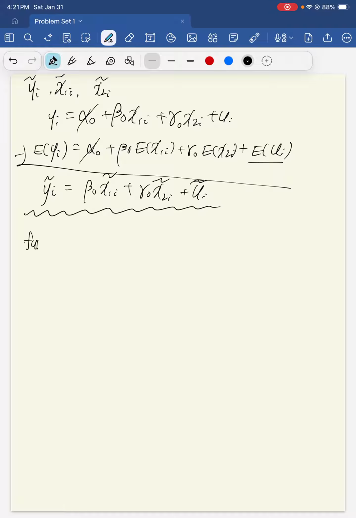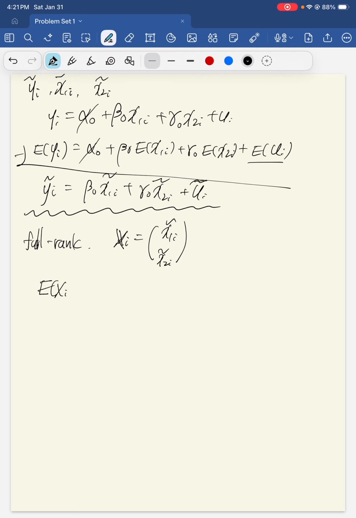Then the full rank assumption. To define it, let uppercase X be x1i tilde, x2i tilde, a 2x1 vector.